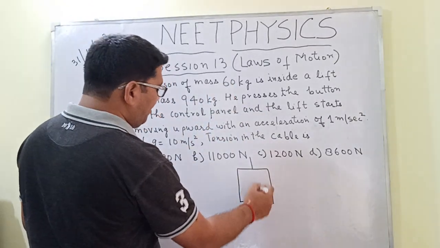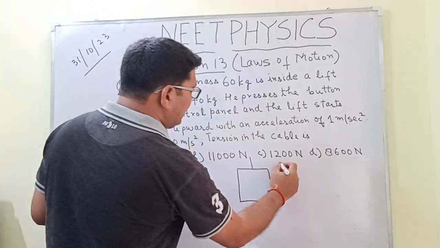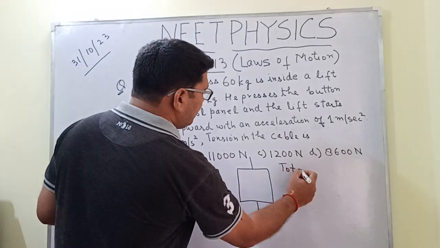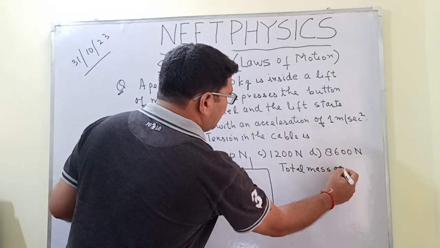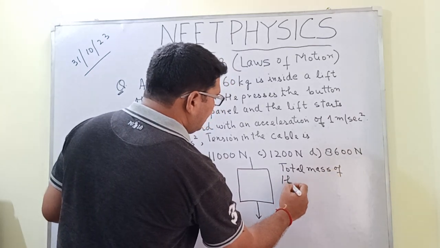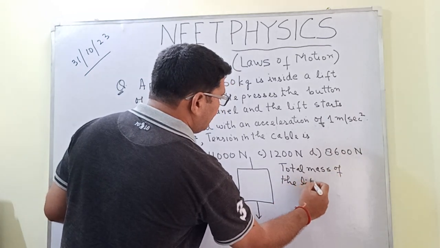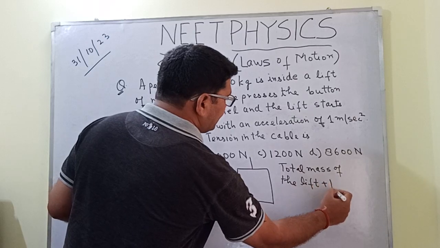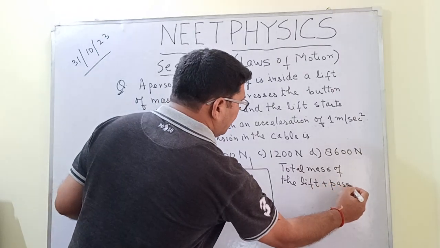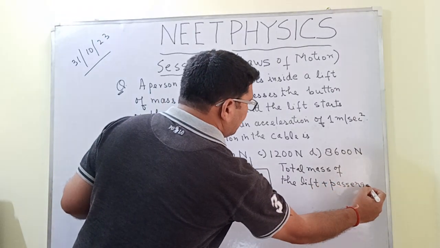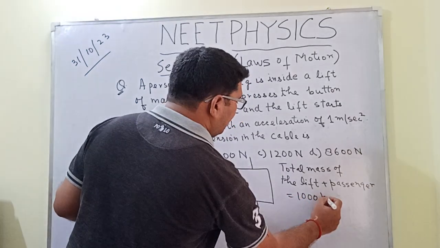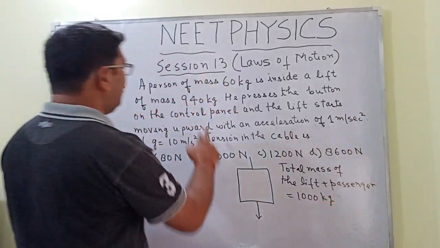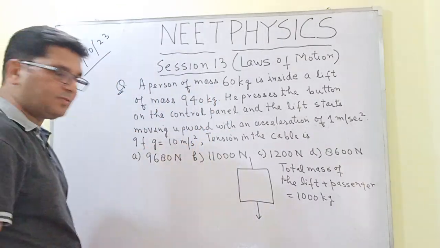So what will the total mass be? The total mass of the lift plus passenger becomes 1000 kg. That is 940 plus 60, which is equal to 1000 kg.